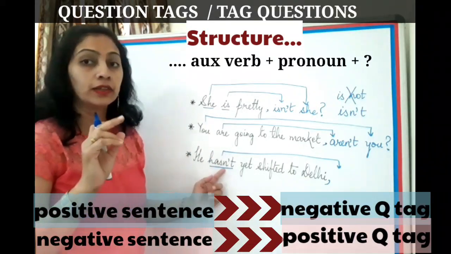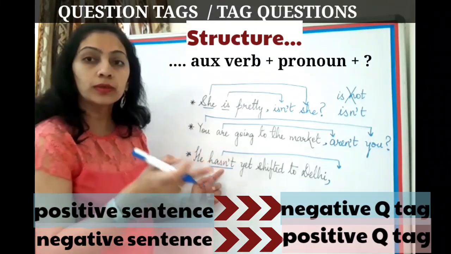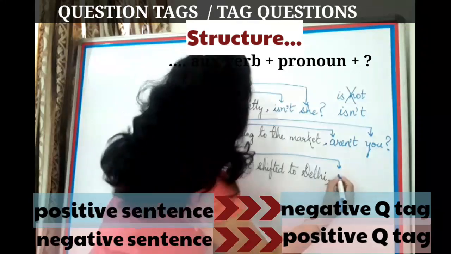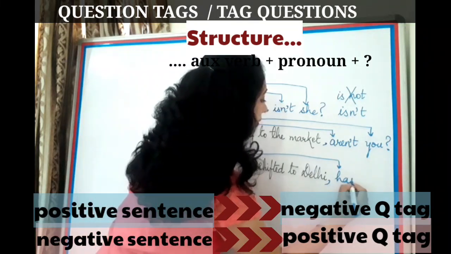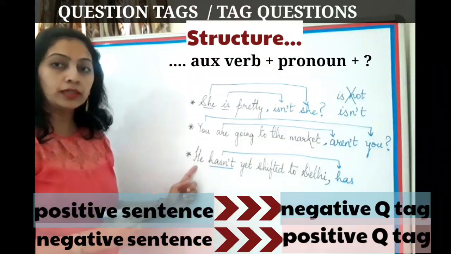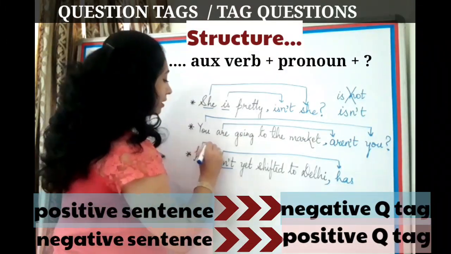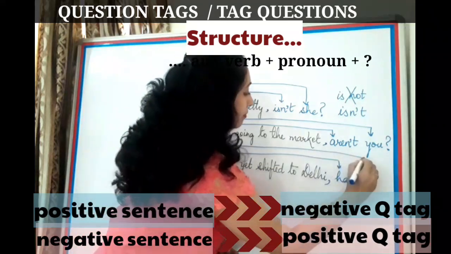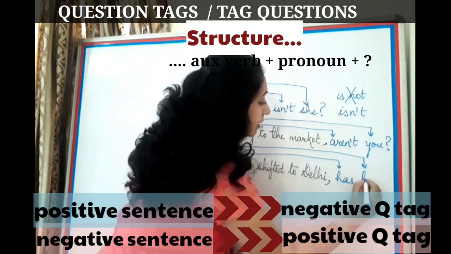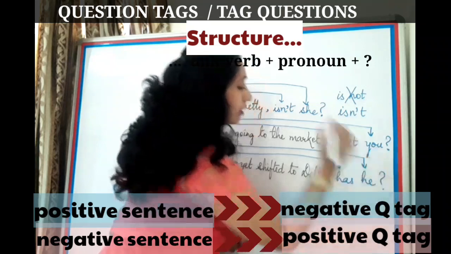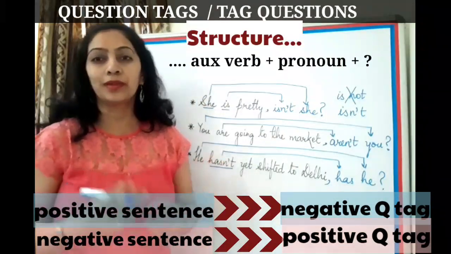Hasn't is a negative. The positive of this will be has. And the pronoun is he. I don't have to change he into anything. So I will take the he as it is and make it like this. Has he, and end it with a question mark.